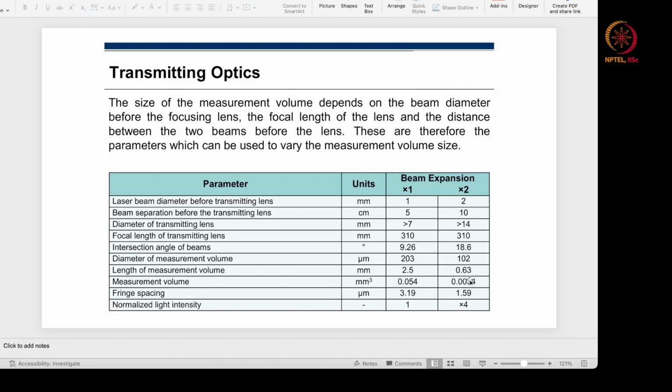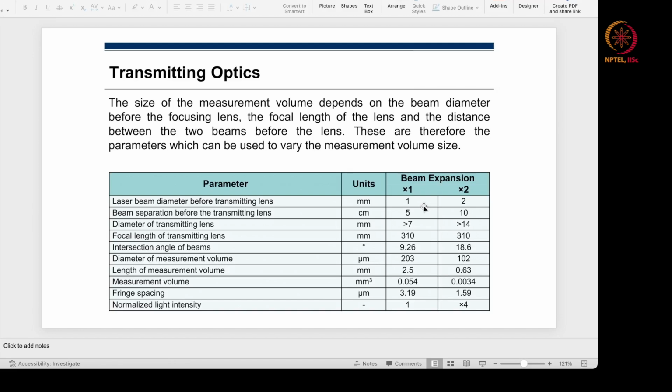So you can see how much reduction we had, and the normalized light intensity goes up by 4. This is because if you reduce the diameter of the laser beam, if you reduce the measurement volume, then the same intensity is now captured within a lower volume or a lower surface area.